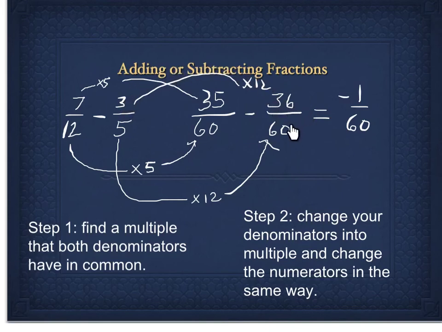And 36 over 60 is equivalent or equal to 3 over 5. Once I have my common denominators and my adjusted numerators, I can go ahead and subtract. 35 minus 36 is negative 1. My denominator stays 60, so it's negative 1 over 60.